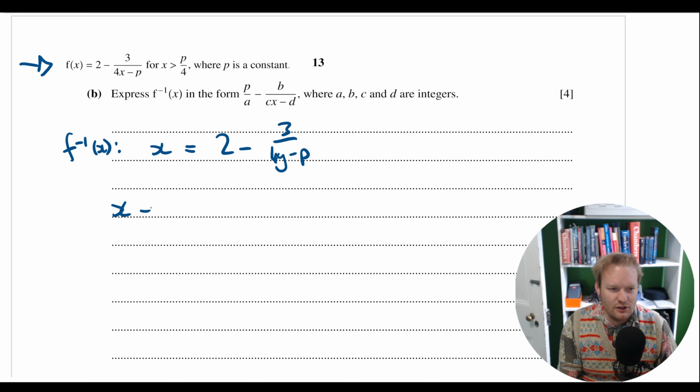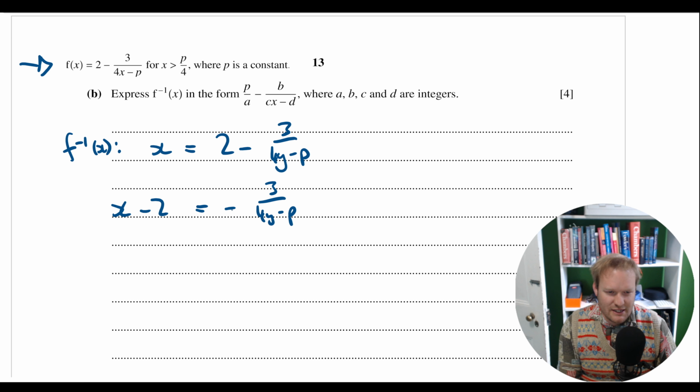So I'm going to subtract 2 from both sides. And then I've got minus 3 over 4y minus p. Okay, great stuff, I'm getting closer there. Well, we need to multiply by this denominator. You may have done that in the previous step.